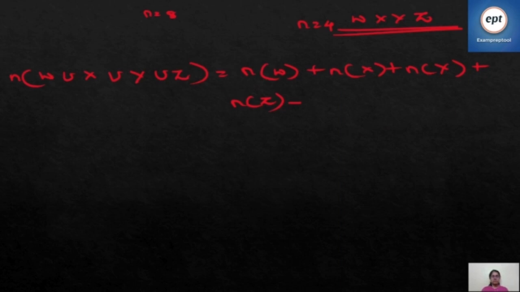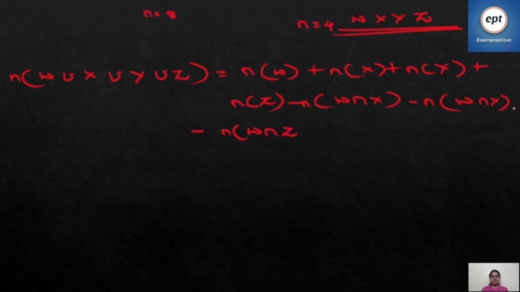So for now we will take 2 intersections. Let's see this. First we will take the number of W and X intersection, then minus the number of W and Y intersection, then again subtract the number of W and Z intersection.